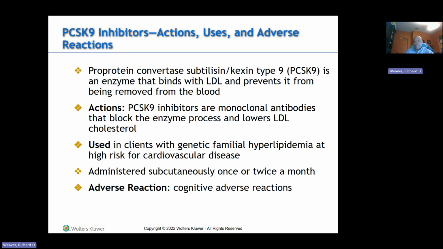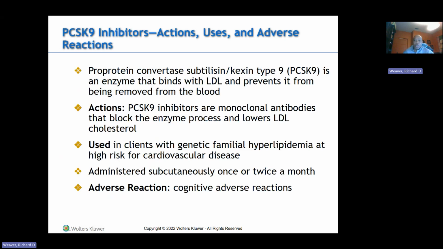It prevents the cholesterol from being removed from the blood. And if it prevents this cholesterol from being removed from the blood, it is going to increase the LDLs, that type of lipids, if you will. So it will cause it to increase, in other words.